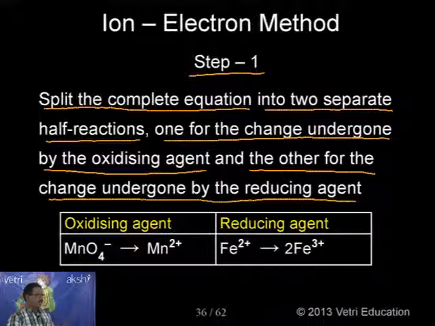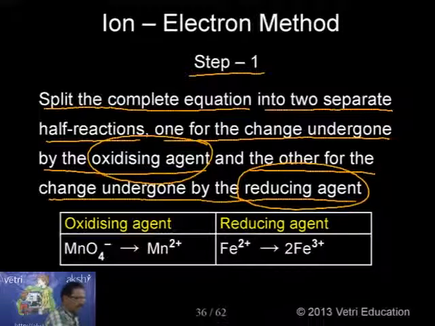From step 1, what information are we getting? We have to identify the oxidizing agent, we have to identify the reducing agent, then we have to write these 2 simple half reactions, that is, ionic reactions, one for the oxidizing agent, another for the reducing agent. In these equations, potassium permanganate is an oxidizing agent and ferrous sulfate is a reducing agent.